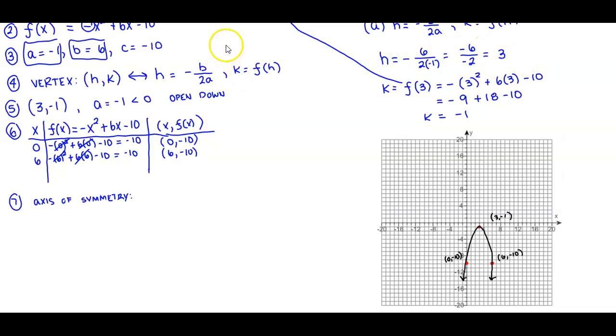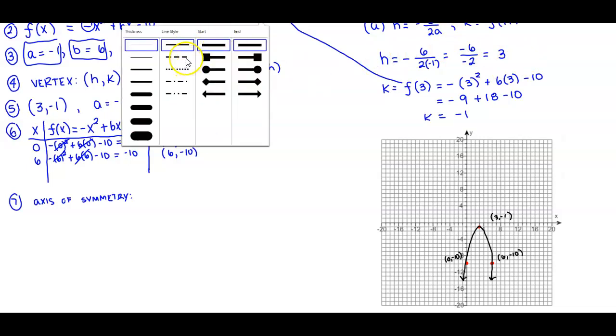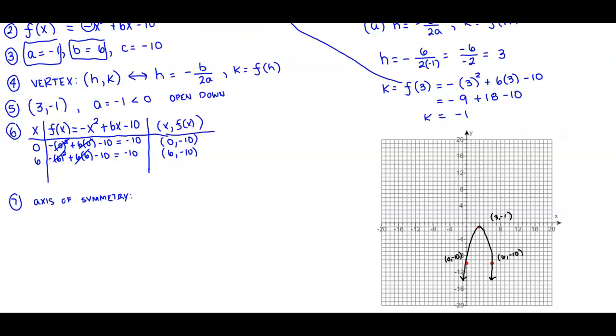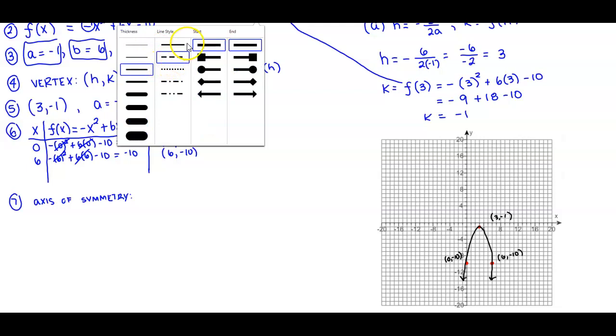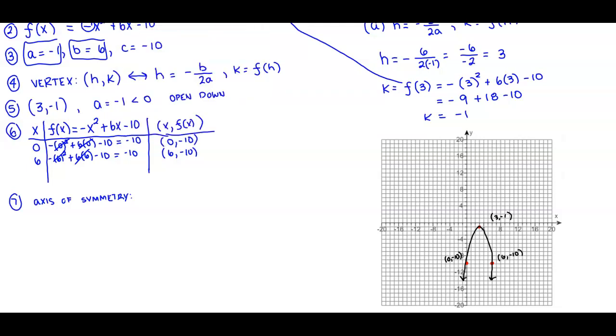Well, that axis of symmetry is the line that cuts the graph in half, okay? So we start here. So here is the line. It's going to go all the way through there. So if you notice here that that axis of symmetry cuts that in half.